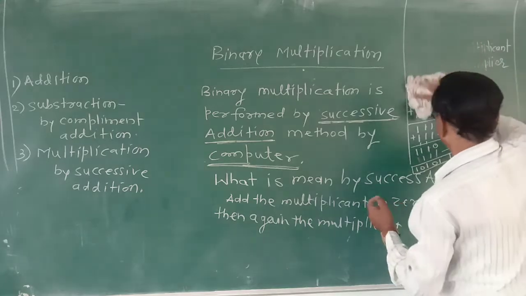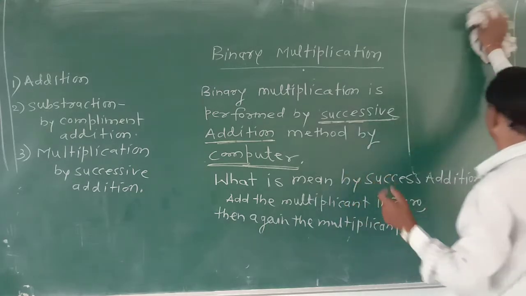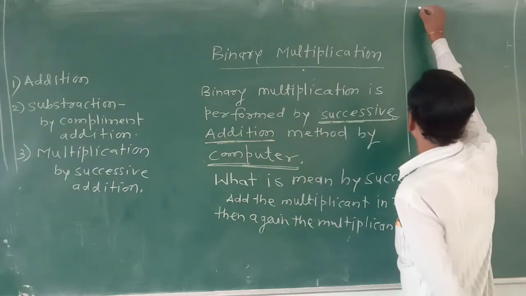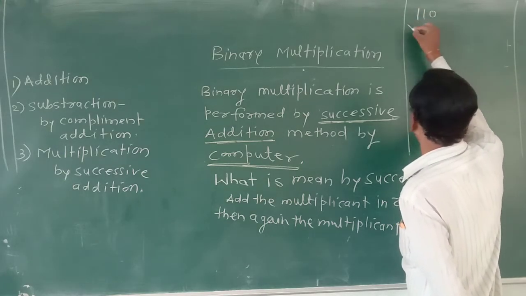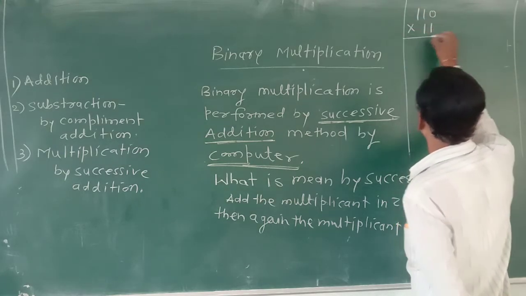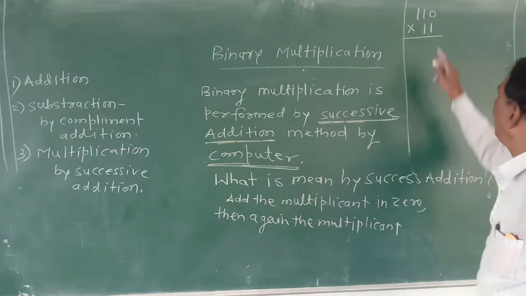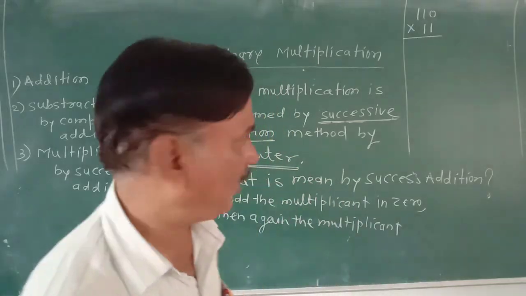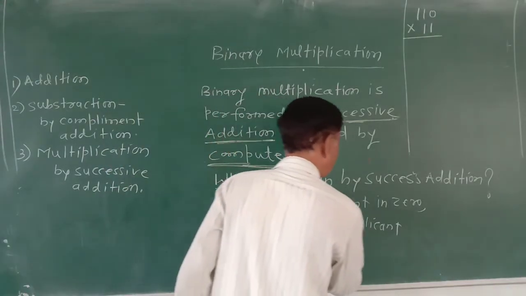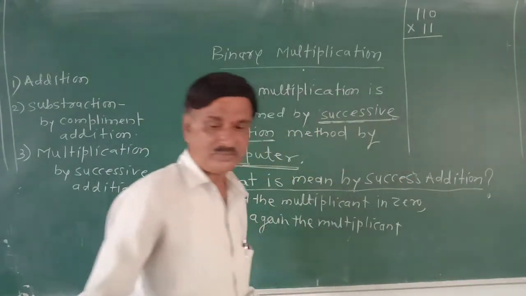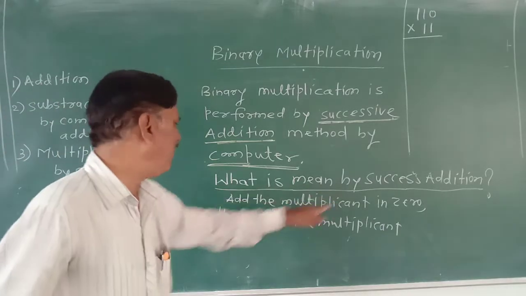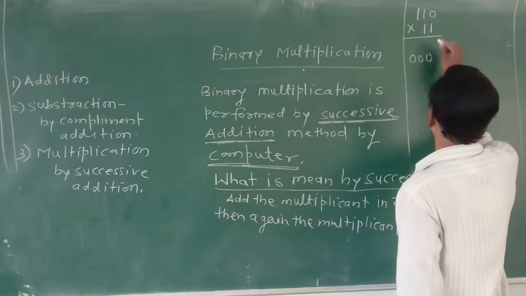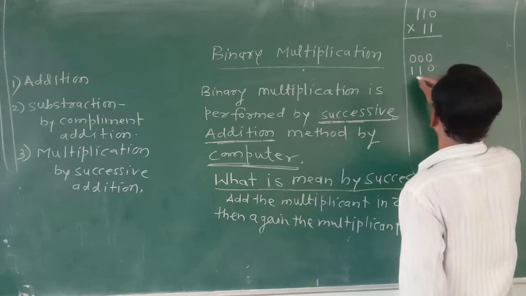Once again, what was our example? 1 1 0 plus 1 1. What is meant by successive addition? Let us look at it. Add the multiplicand in 0. The multiplicand is added.